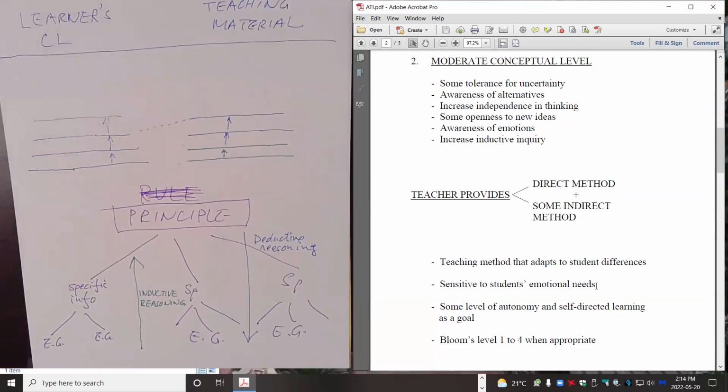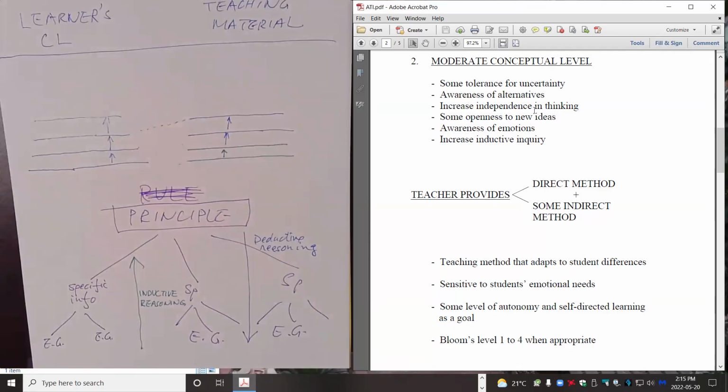Be sensitive to students' emotional needs. That is to say, teachers should be able to read the students' emotion and be responsive to their emotional needs. Some level of autonomy and self-directed learning as a goal, simply because of increased independence in thinking.